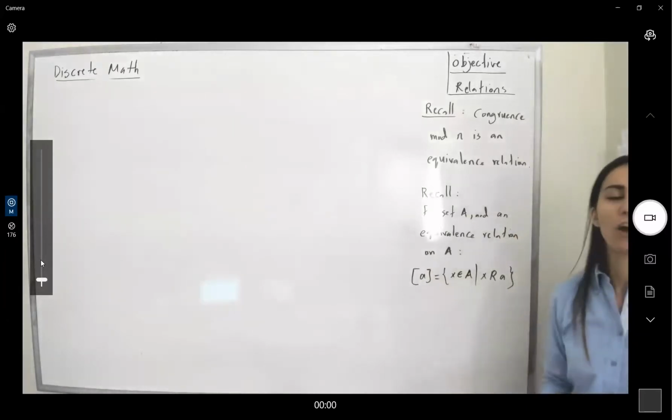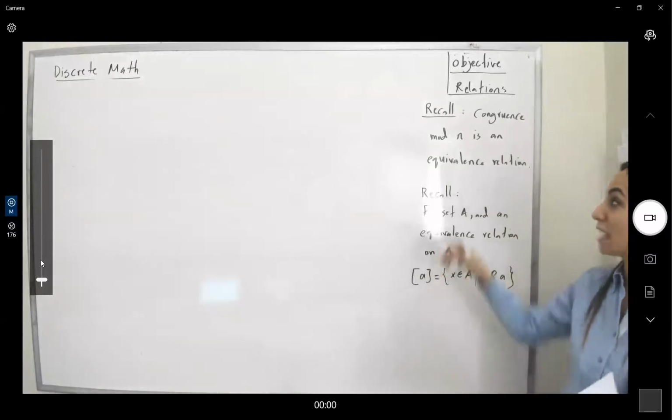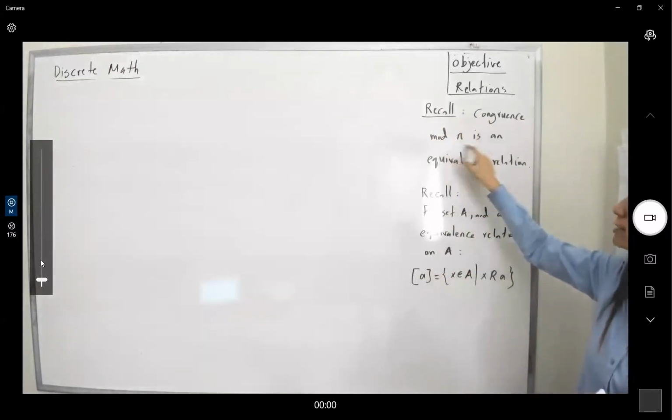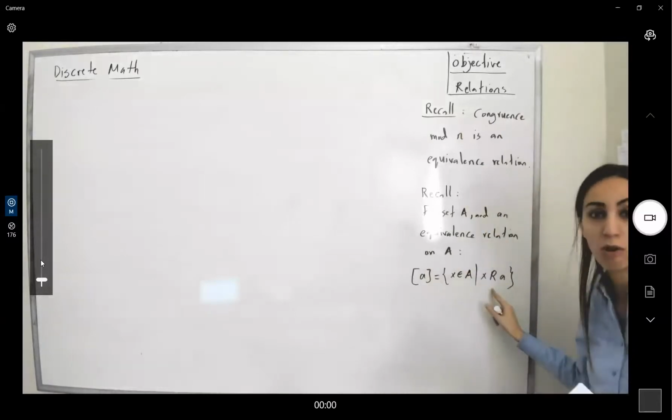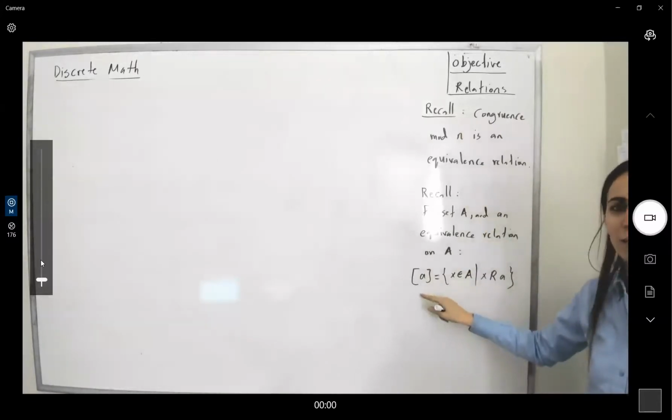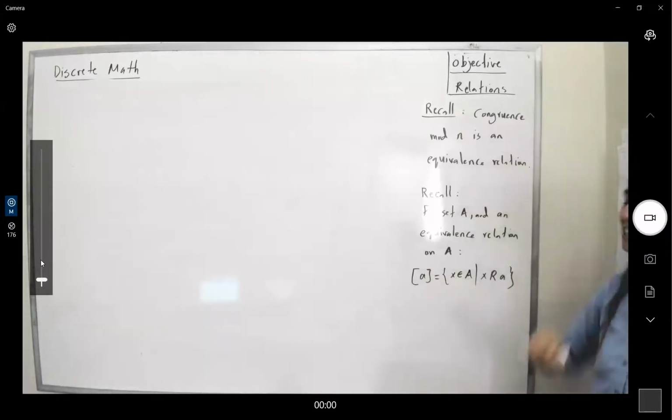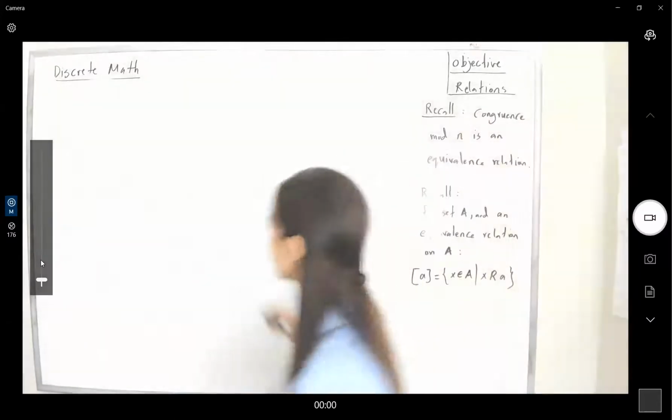Well, naturally, I expect you to ask: we know that congruence mod n is an equivalence relation. This can be R. How do I define equivalence classes using this equivalence relation?